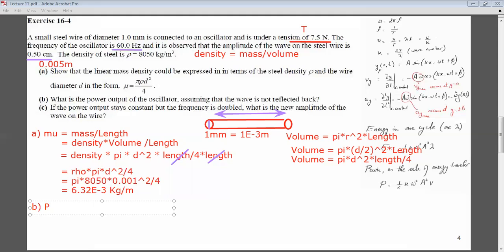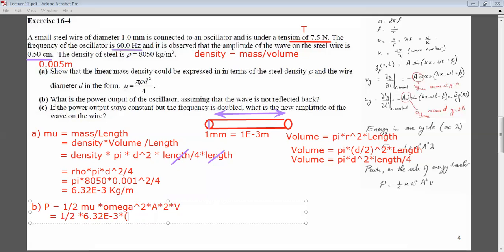Okay, so I will use the power is equal to half mu times omega squared times A squared times V. And here V is the speed of the wave. It's not the volume, so you need to pay attention. So this is half mu, which is 6.32 e to the minus 3, multiplied by omega.